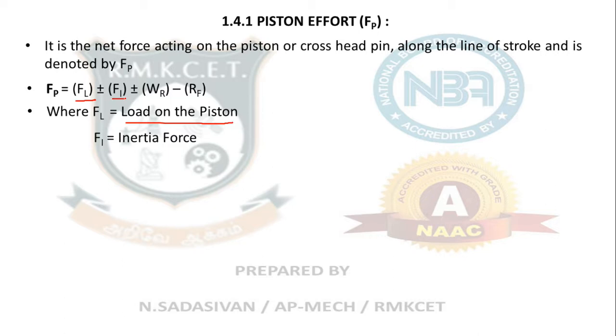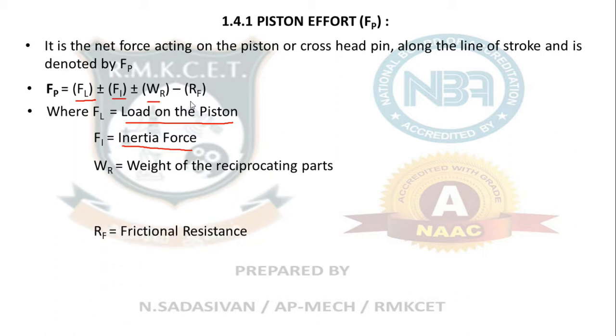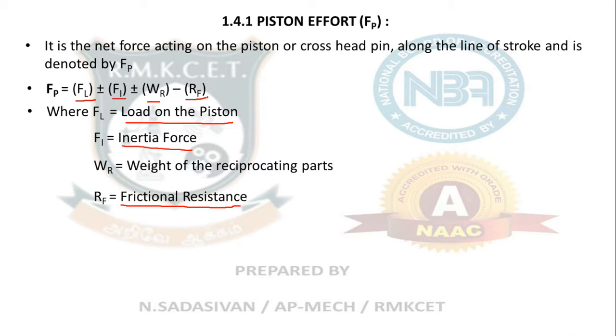Wr is the weight of the reciprocating parts, the third term of the formula. Finally, Rf is the frictional resistance offered by all the moving parts put together within the engine. When I combine all these things in a definite way, I get the value Fp, piston effort.